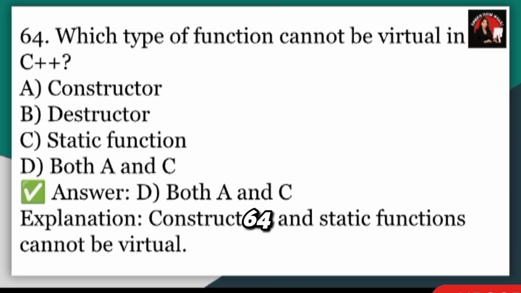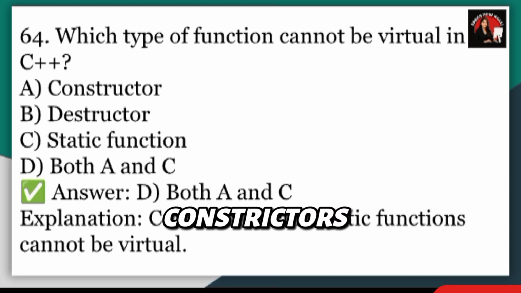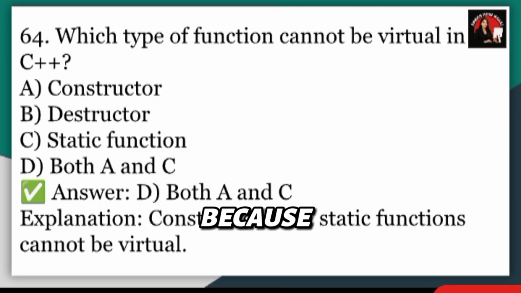Question number 64. Which type of function cannot be virtual in C++? So the right option is D, both A and C. Explanation: in C++, the concept of virtual function is used to achieve runtime polymorphism. However, constructors cannot be virtual because when an object is created, the constructor must be called in a well-defined order from base to derived. Making a constructor virtual would break this rule.